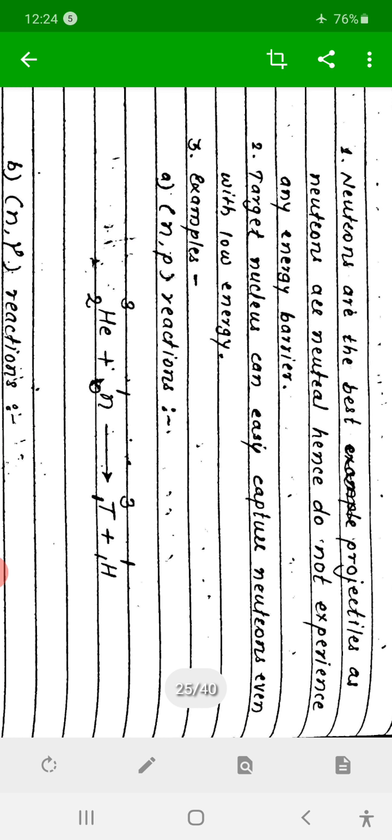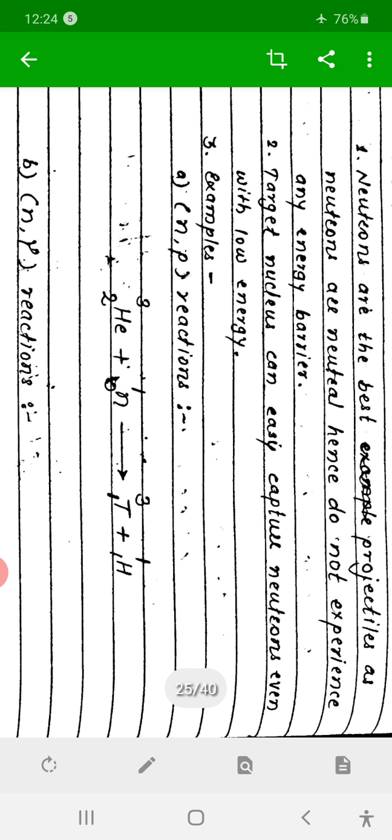Then the second reason why it is the best projectile is that, because of the small size of the neutron, the target nucleus easily absorbs neutrons having low energy also.